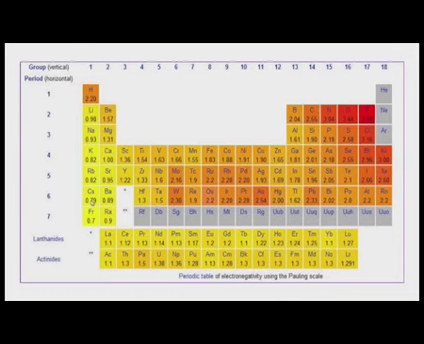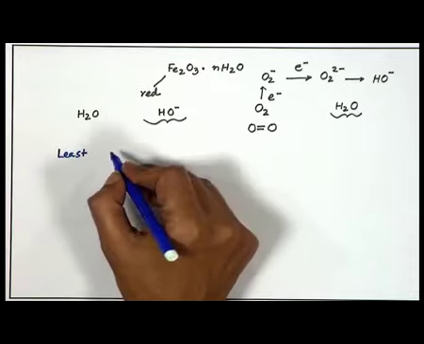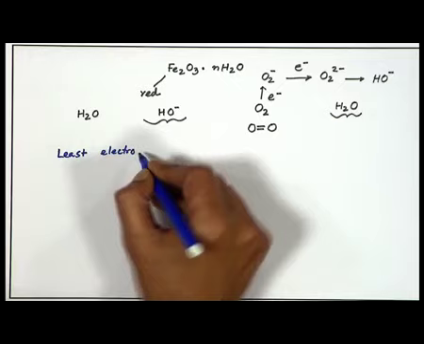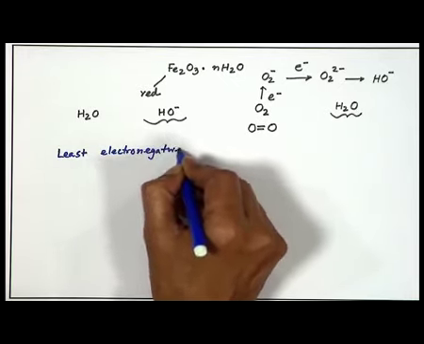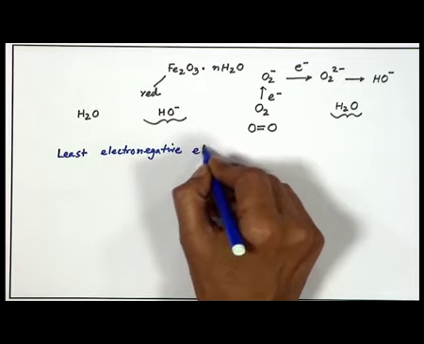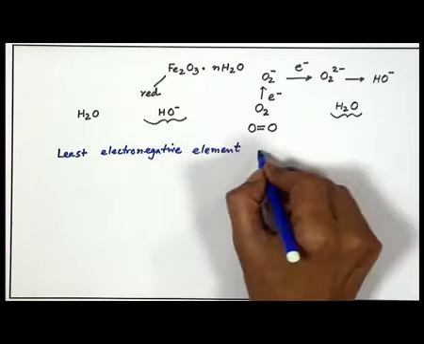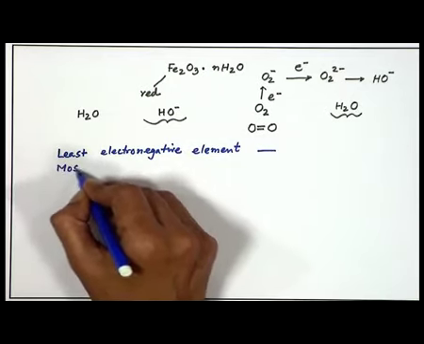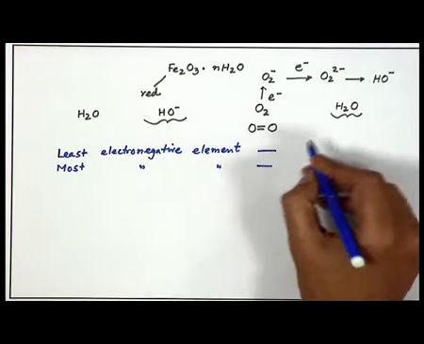So, in the periodic table we have the least electronegative element and the most electronegative element we can have.